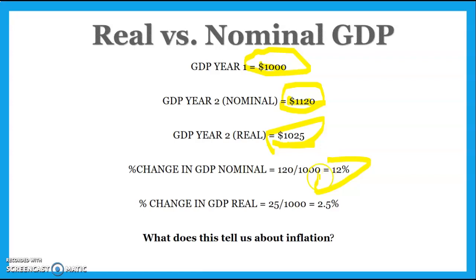To work out real GDP increases, you do the real GDP figure in the second year, so 1,025, minus GDP in the first year, which is 1,000, divided by 1,000, which gives you 2.5%.